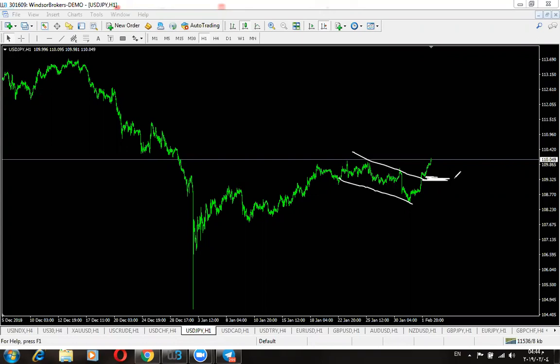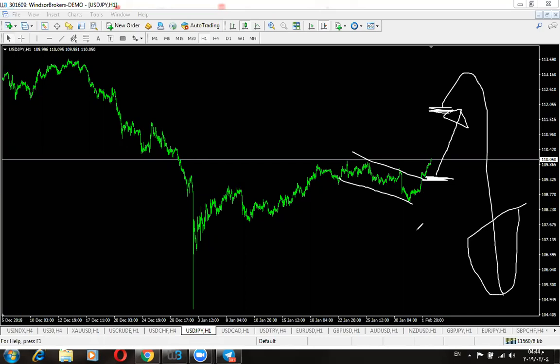We were buyers from this place, targeting higher values for the yen. So we have to trade this pair very carefully because we are going to see a very strong movement to the downside once the correction has ended for the dollar index.